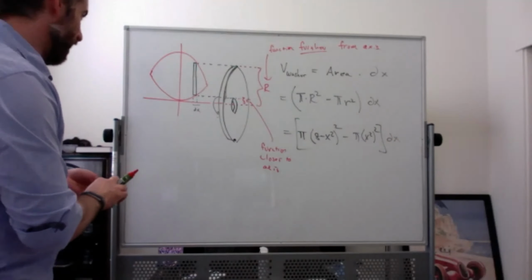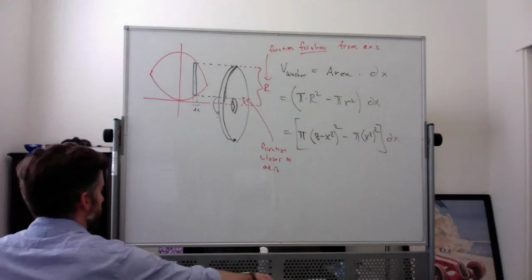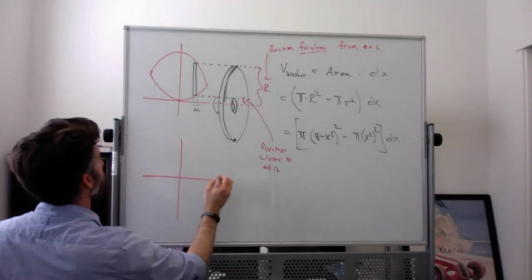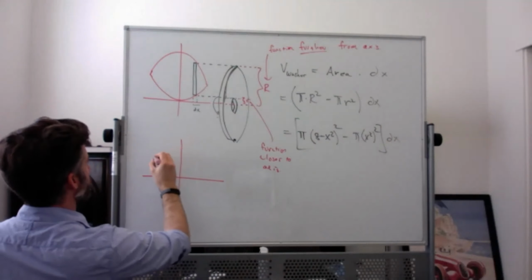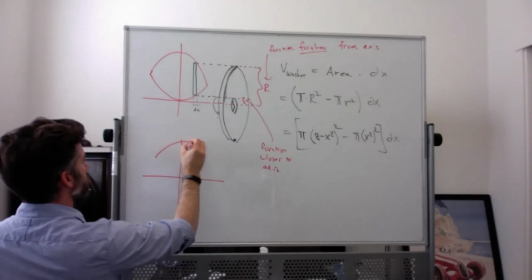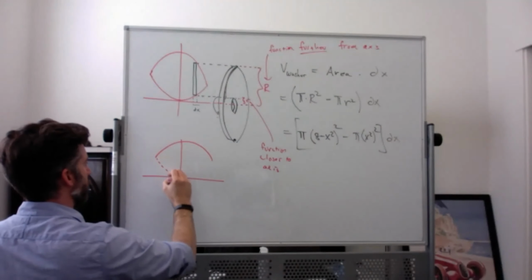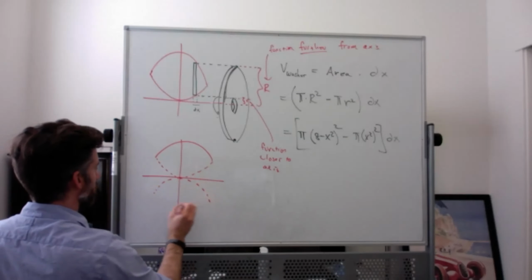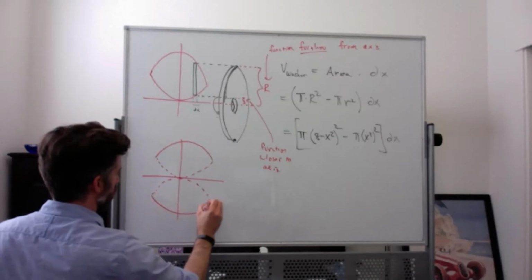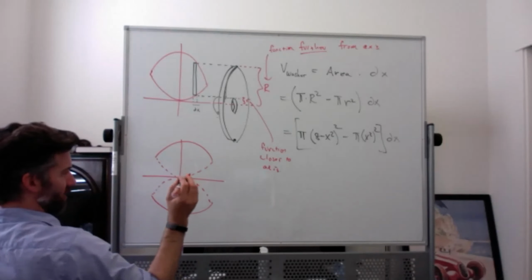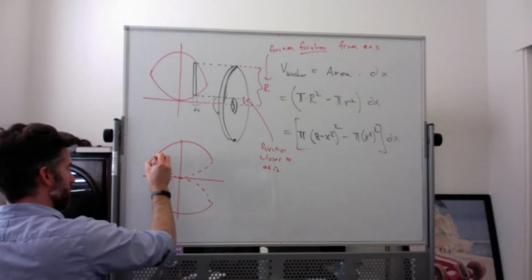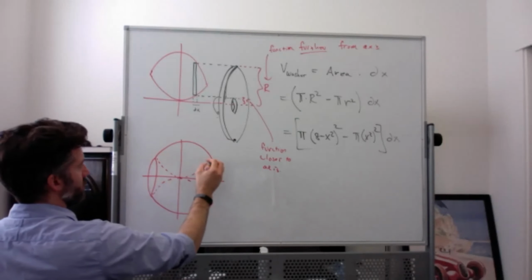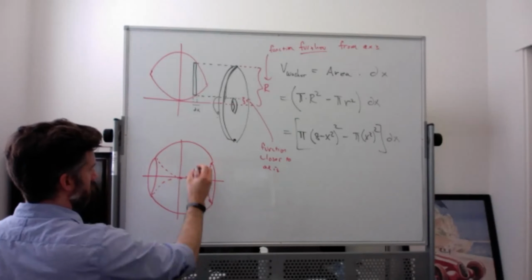I can try and draw the whole thing, but it's probably not going to look very good. Here's my top piece, here's my bottom piece, and I'm going to flip it over. I'm drawing the insides dashed because I know they're going to kind of cover it up. And then it kind of does this. It's weird.